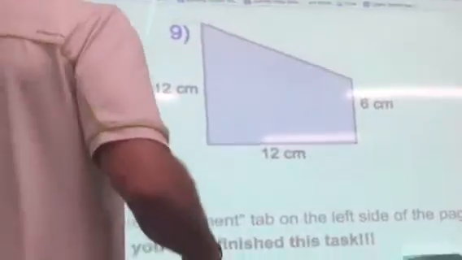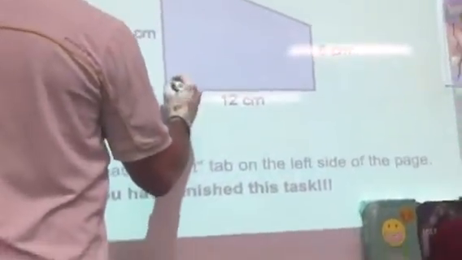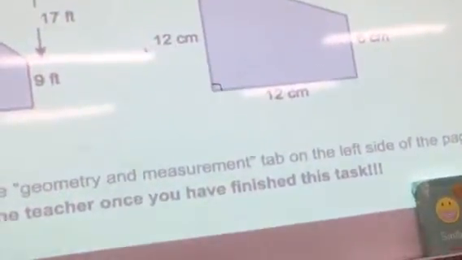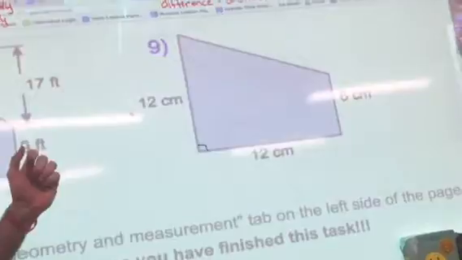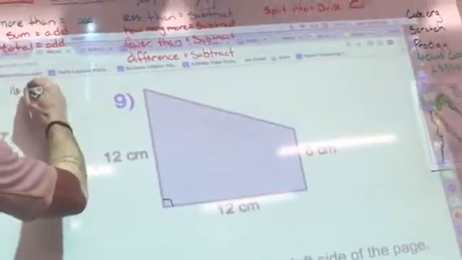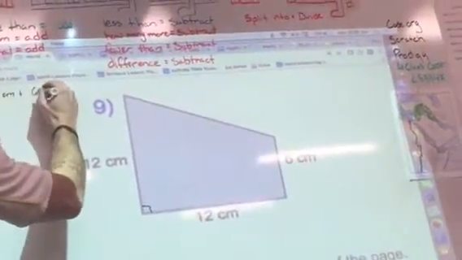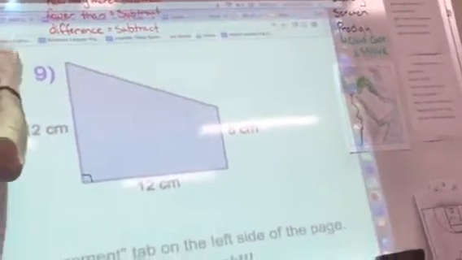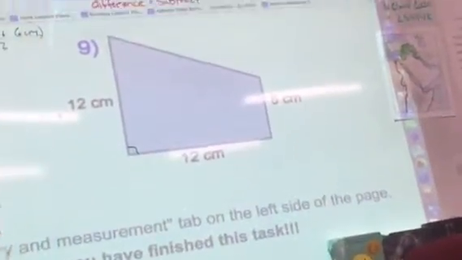So let's solve it that way. The trapezoid formula is base 1 plus base 2. What's base 1 plus base 2? 18. So 16 centimeters plus 6 centimeters. Let's divide it by 2 to find our average.